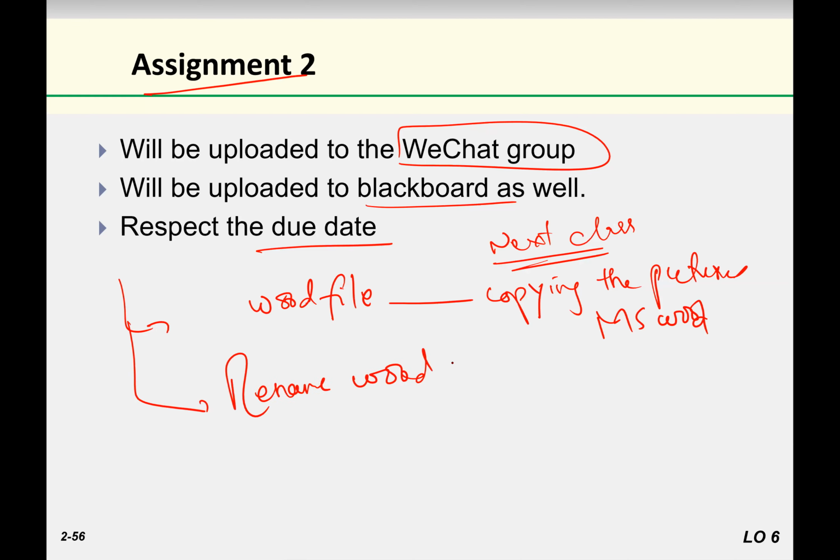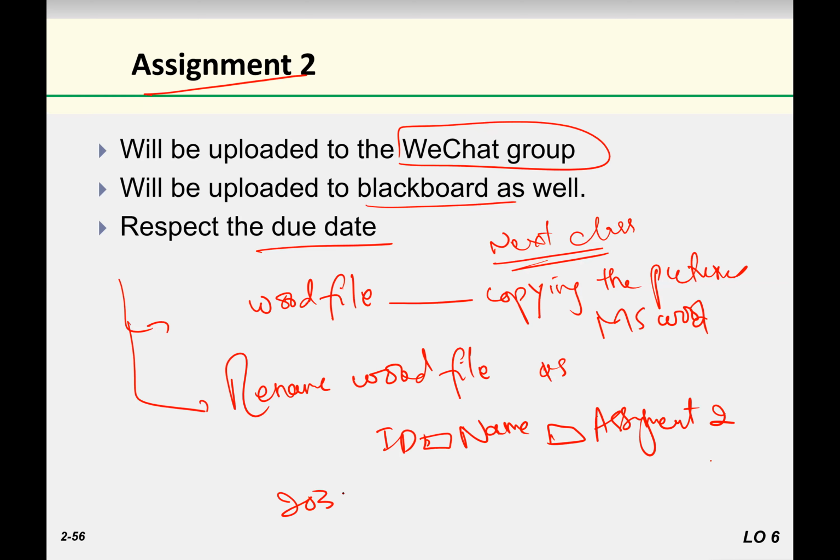Let me be very specific: your ID, then space, your name, space, your assignment 2. For example, if my ID is like this, space Jamal, and then assignment 2.